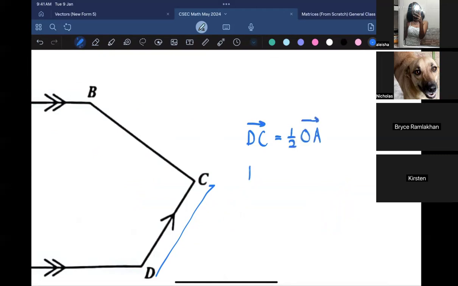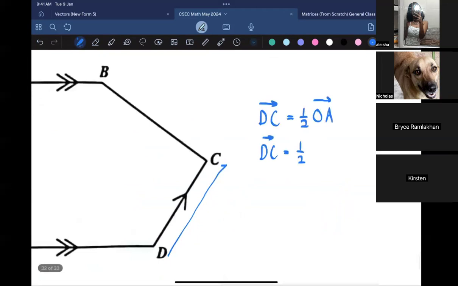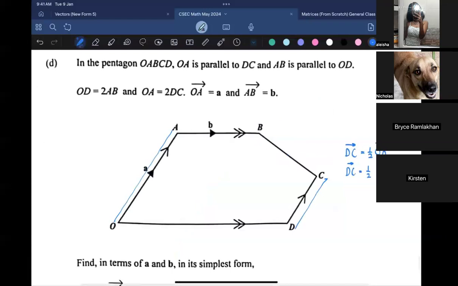What we know is that vector O to A is a.